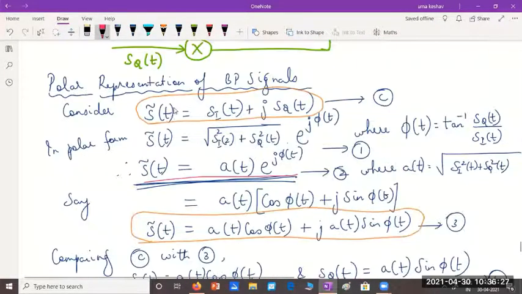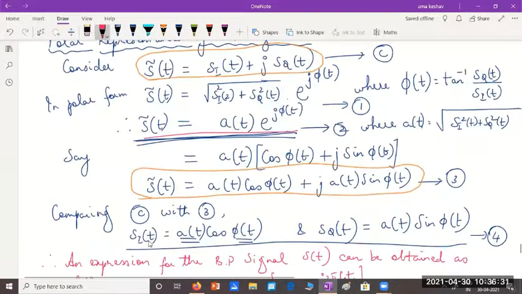And why did we write this expression? So that we'll get separate expressions in amplitude and phase form for in-phase component Si and quadrature component Sq. We know the complex envelope is the sum of in-phase component and quadrature, where in-phase is real and quadrature is the imaginary term.